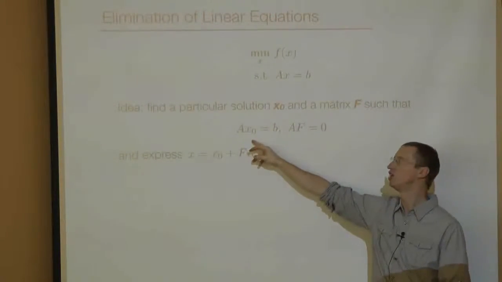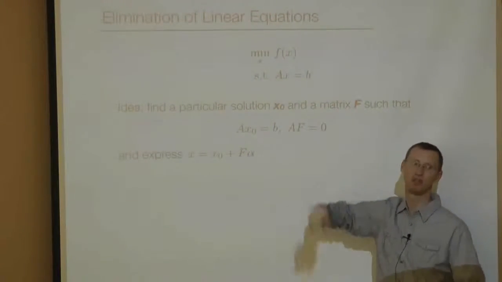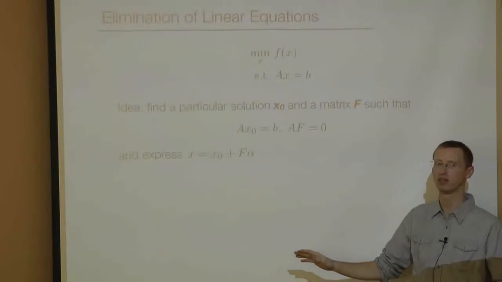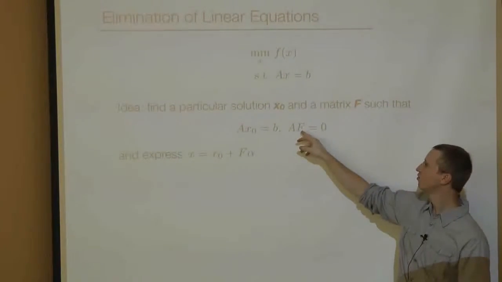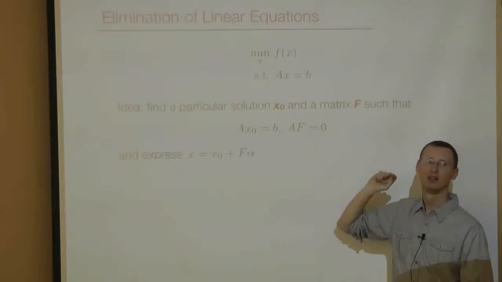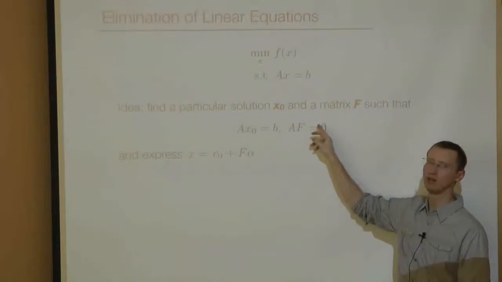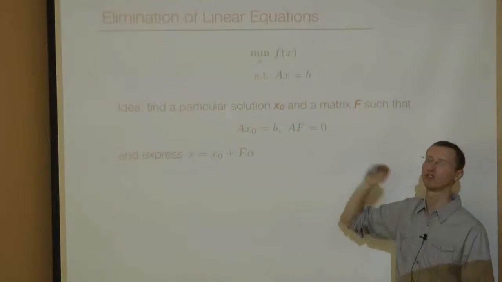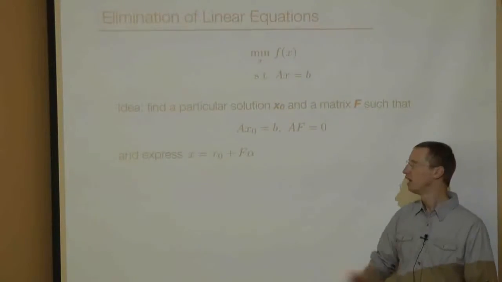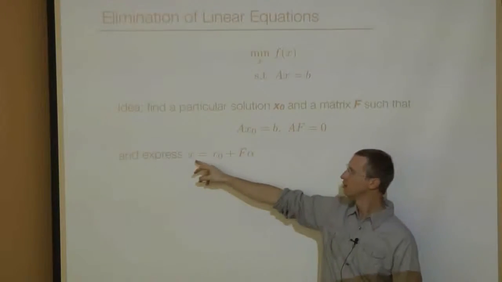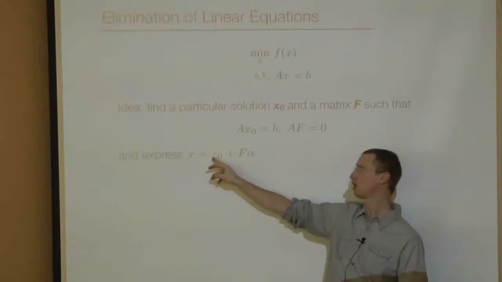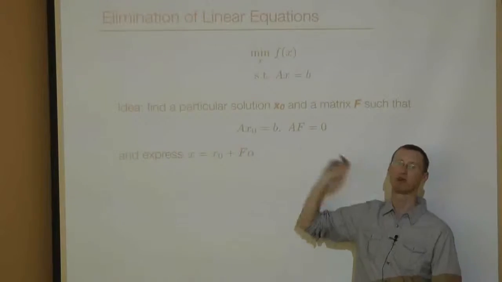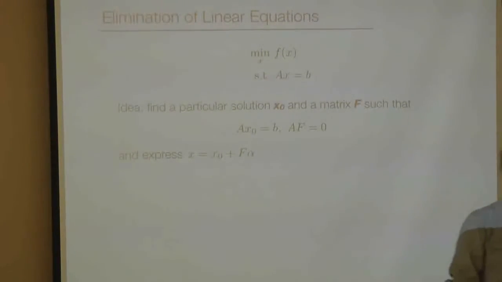This is usually not the point in which the function is minimal, it's just some initial point. Then let us find a matrix F which satisfies this relation, meaning it contains vectors which are orthogonal to the vectors in A. And then let us define the parameterization as the initial point plus alpha multiples of the vectors in F. The question is, why does this eliminate the equality constraint?